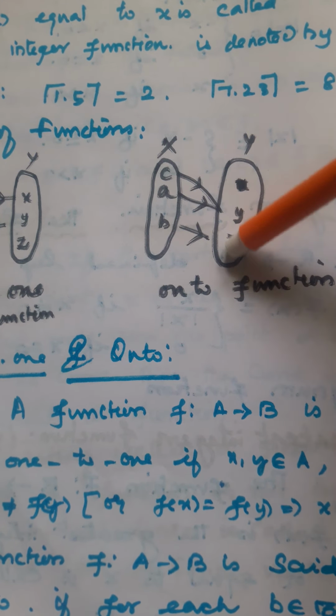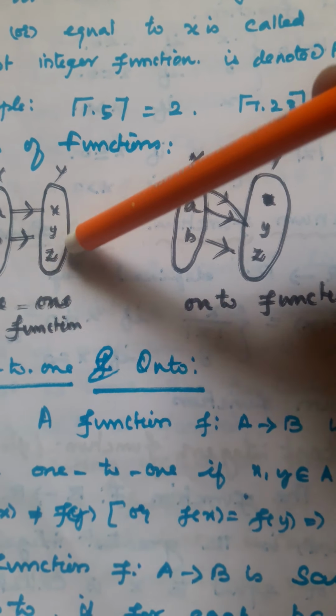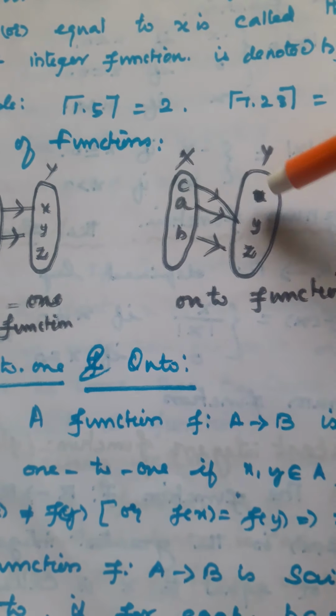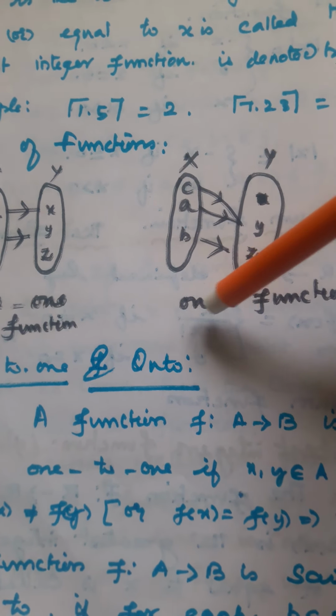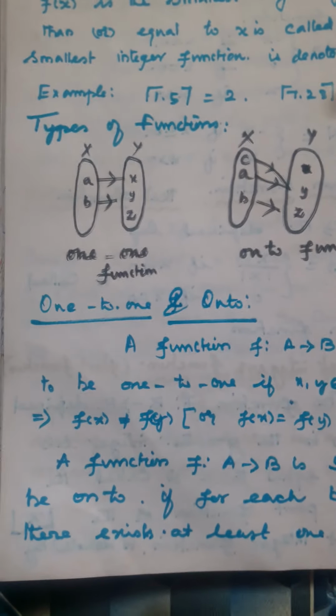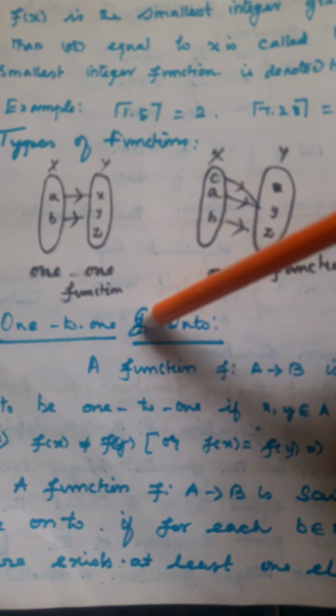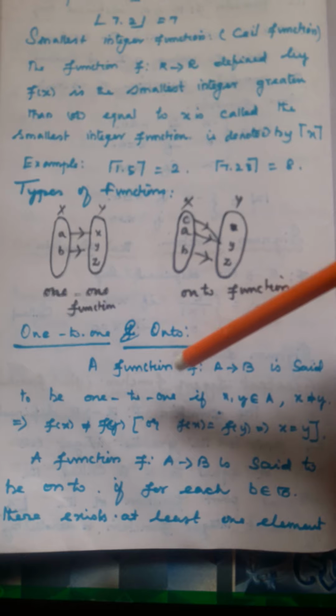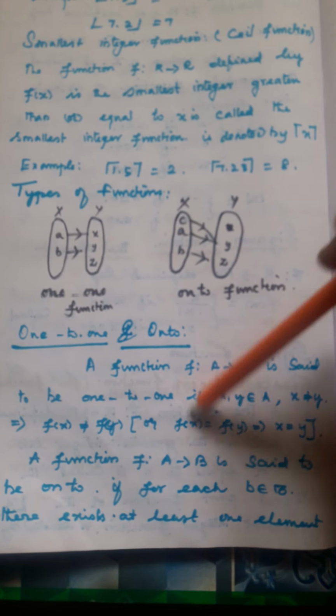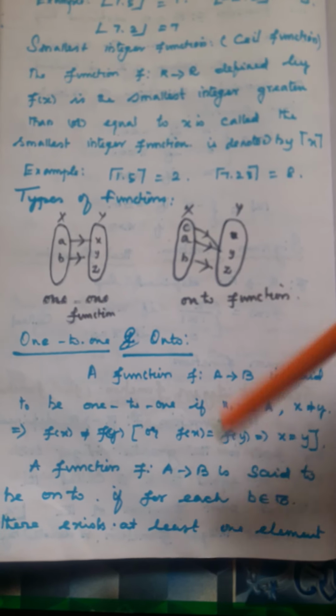Here no element is empty; here one element is empty. Here all are mapped, but two elements are mapping to Y. So one-to-one and onto, you have the definitions. You can see that, right? You are familiar with all this from your 10th standard. So I am going to the next one.